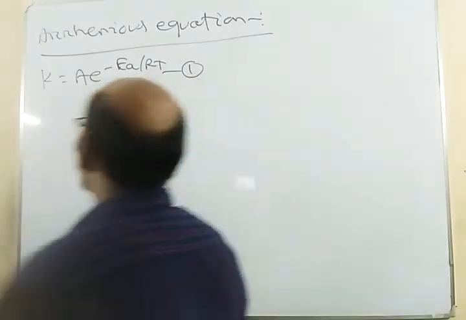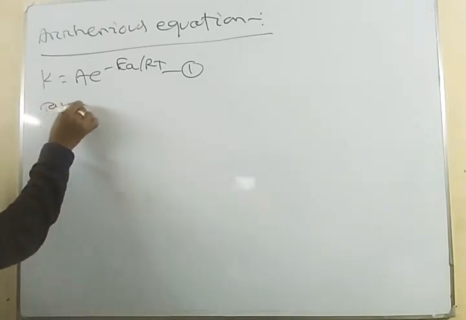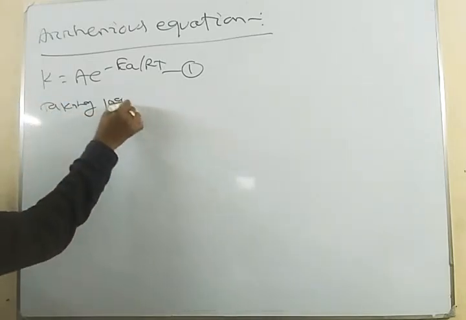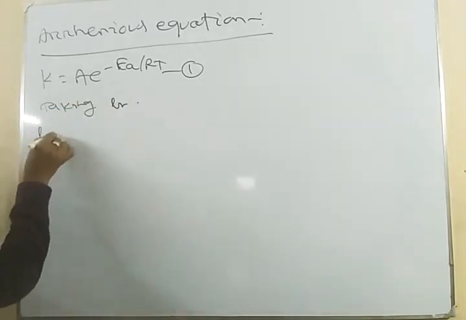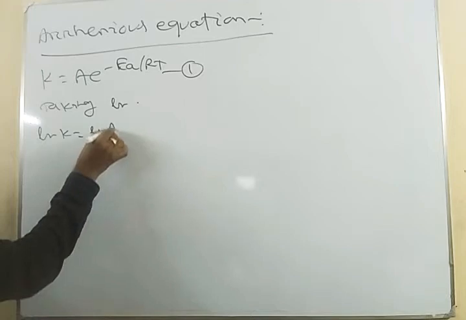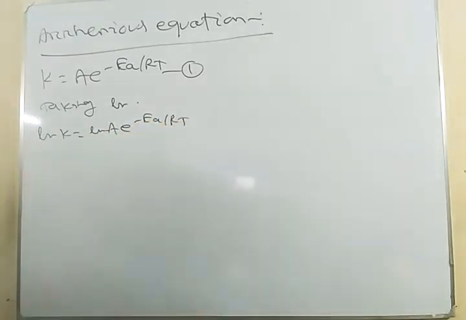Okay, now taking logarithm, taking logs: log K equal to log A e power minus EA by RT.